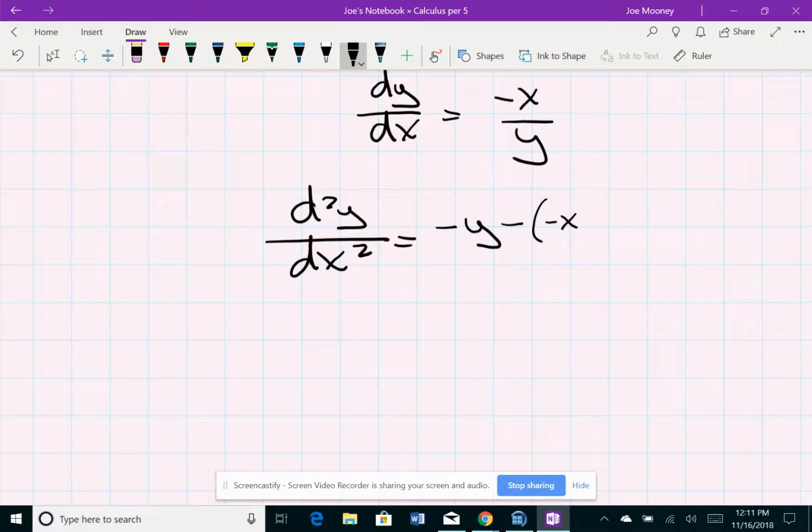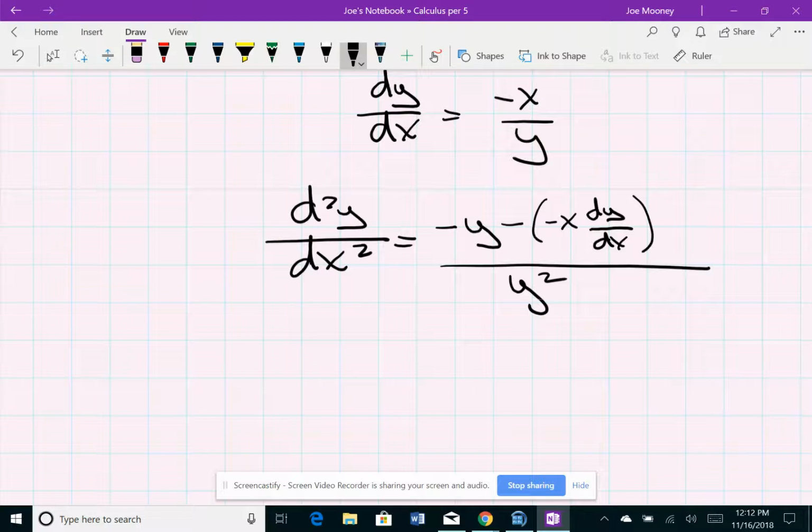The derivative of the denominator is 1 dy dx, so dy dx all over low, so y squared. So now, I mean, you're done, but now it's just going to be a cleanup. That's what's inherently in this second derivative business. There's just a bunch of cleanup to do. So let's get used to doing it.